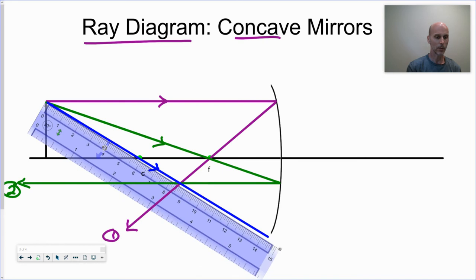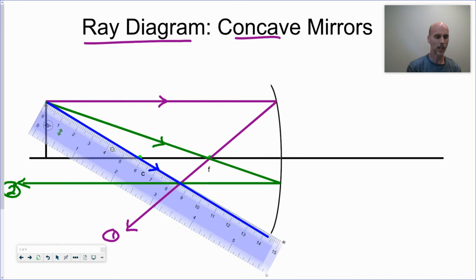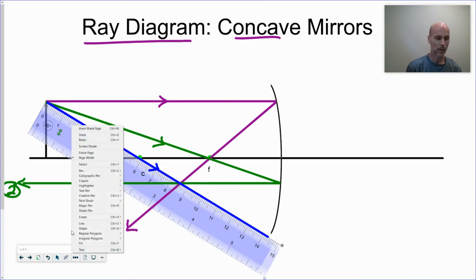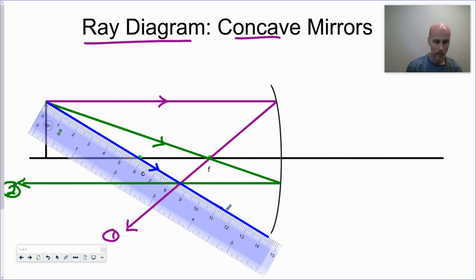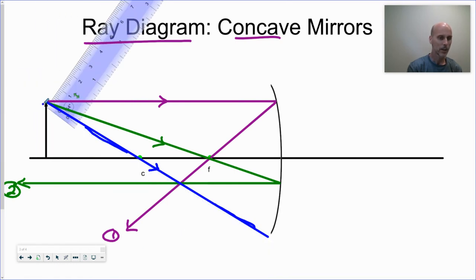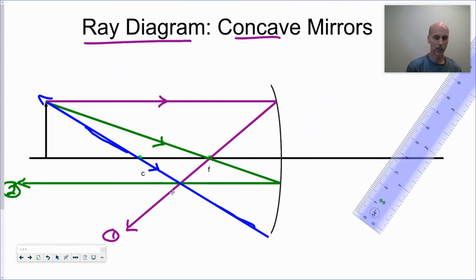This beam of light will always hit at exactly 90 degrees to the surface, or 0 degrees to the normal line, if you want to think of it that way. It will hit this mirror and then bounce straight back, exactly in the same direction it came. So it hits and bounces back. All right, so we'll move my ruler out of the way.